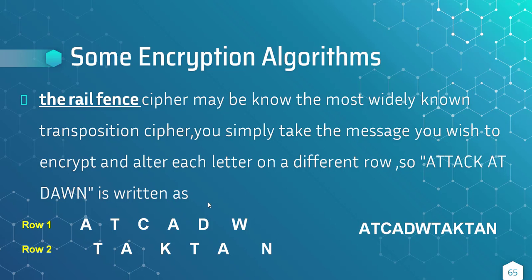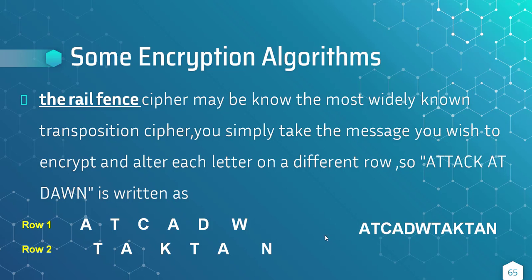To encrypt this plain text, I put here the first row and the second row. The first row, then the second row. So how can we now decrypt this ciphertext? In order to decrypt the message, the recipient must write it out on rows.